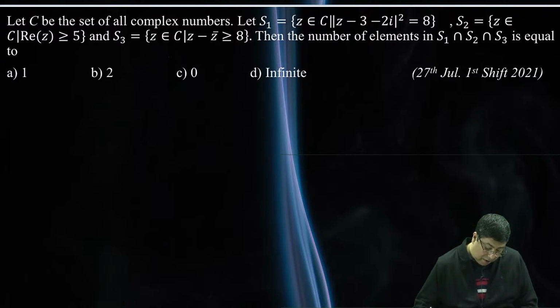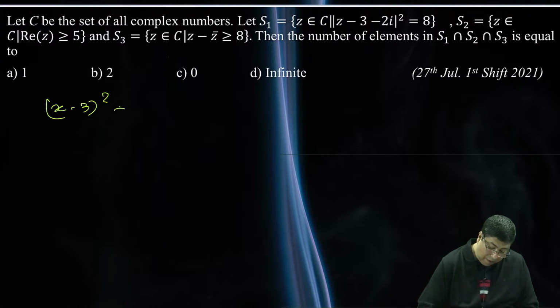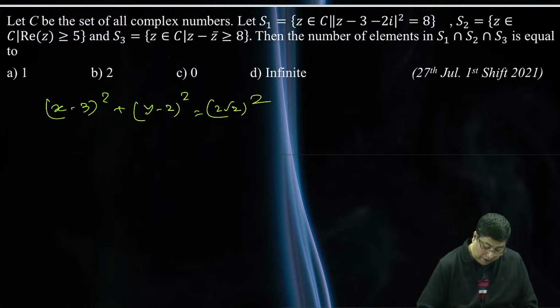First of all, S1 is the equation of a circle, we have to keep in mind. So we can write x minus 3 whole square plus y minus 2 whole square equal to 2 root 2 whole square. This is S1, all the points on the circle.